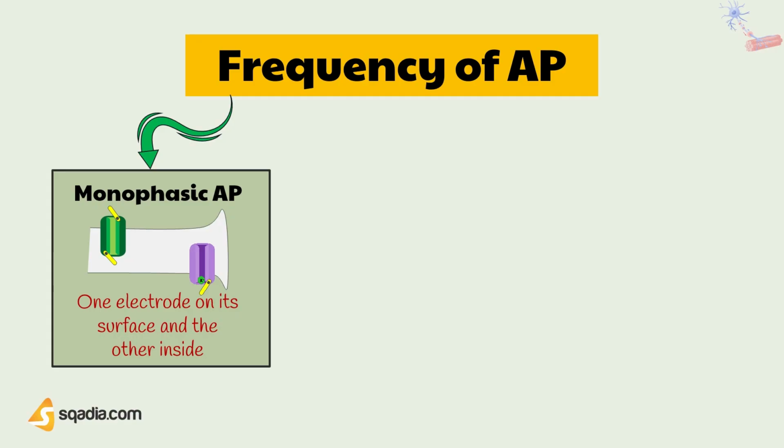This kind of action potential is studied only once. Only one graph is created of action potential and one change is observed, because one electrode is placed inside the cell and one outside the cell, so only one action potential that is generated, we can measure that for monophasic action potential.